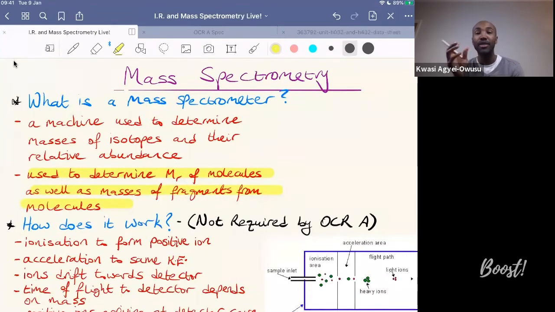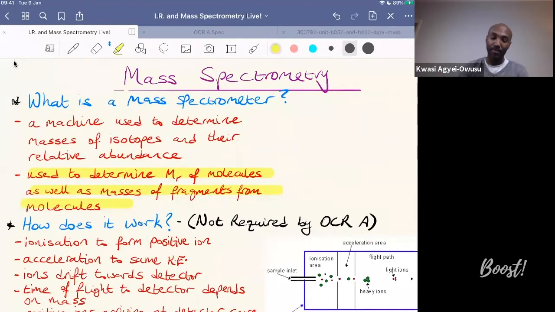But also determining the Mr of fragments that break off our molecular ion, and that allow us an insight into how the molecule is connected in terms of branching, for instance. Okay, so very useful for working out structure if we can determine what fragments are present.